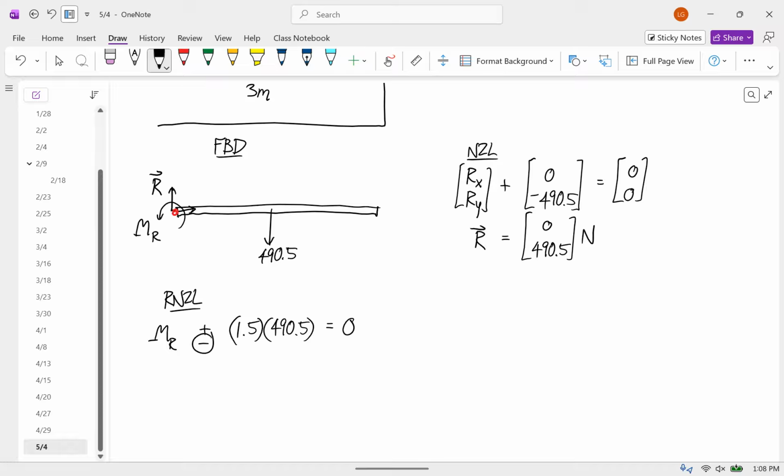That is a clockwise rotation, so it's negative. So MR is equal to 735.75.